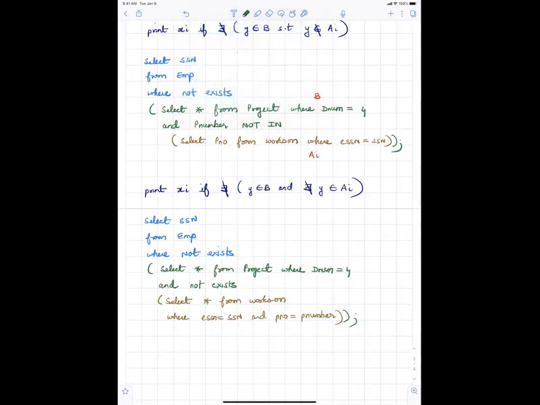Okay, so I just converted the earlier one. So this is set B, and this is set AI.